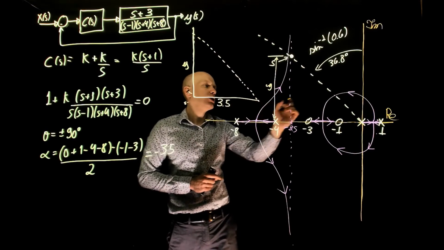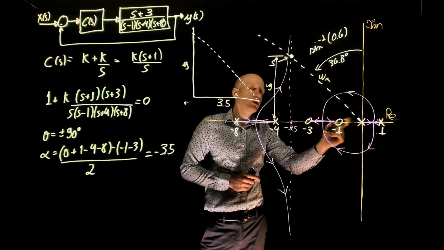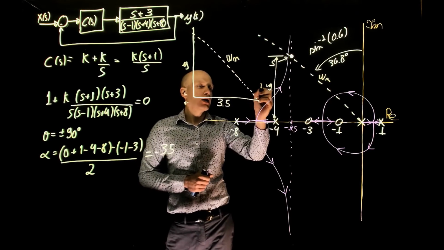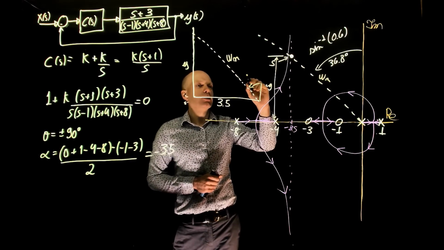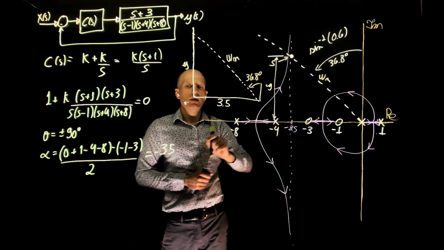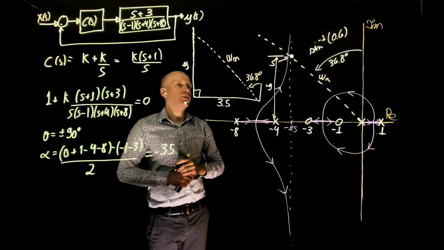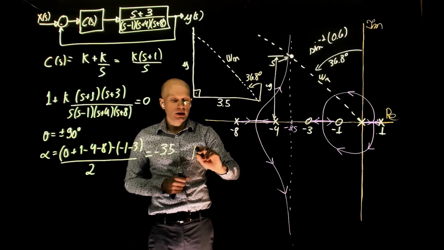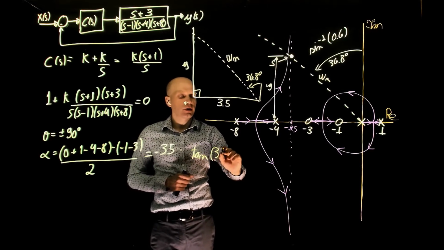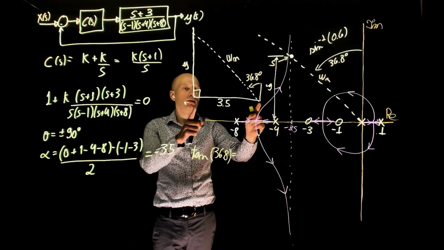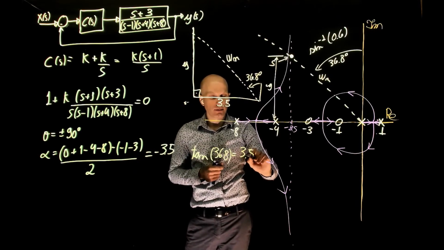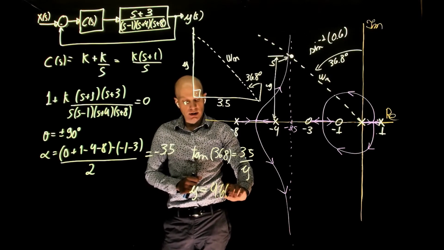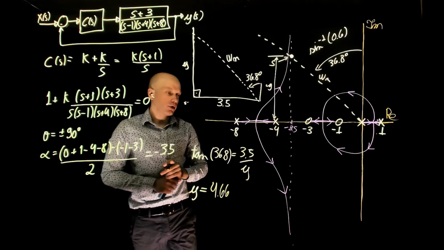And of course, the dashed line here is omega n, the distance of the pole to the origin. This angle is 36.8, and this angle here is 90 degrees that we determined before. Now, looking at this angle, we can write that the tangent of 36.8 is 3.5 divided by y, and y is 4.66. The height here is 4.66.